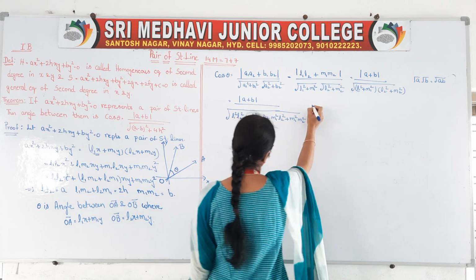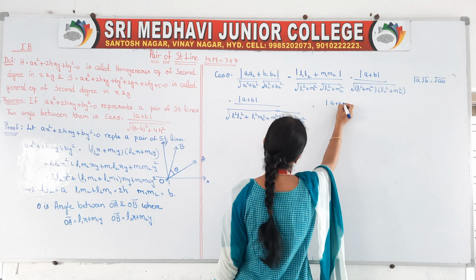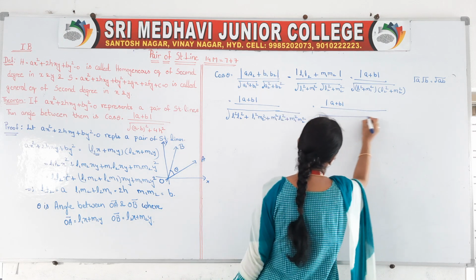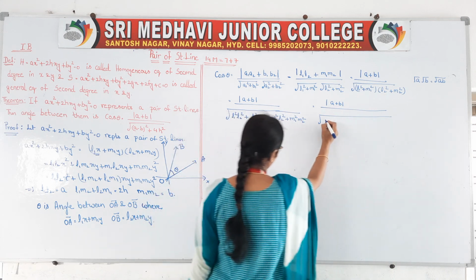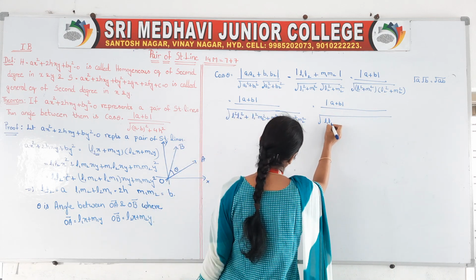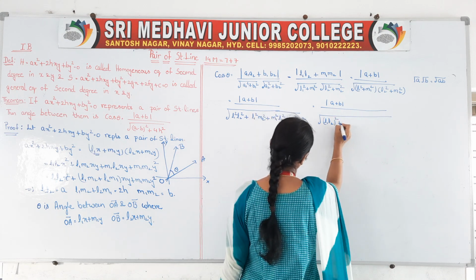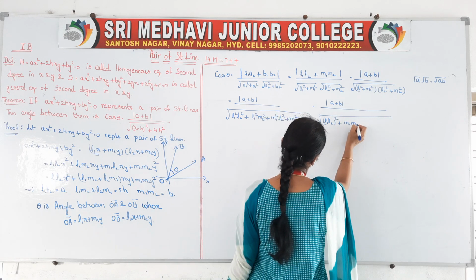Observe the value, both are having same power, so we can write combinedly L1 L2 whole square, and I will write first, second, this one M1 M2 whole square.